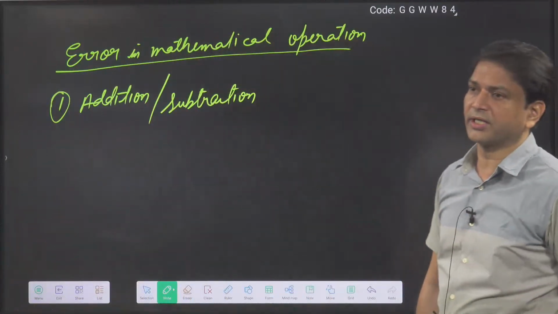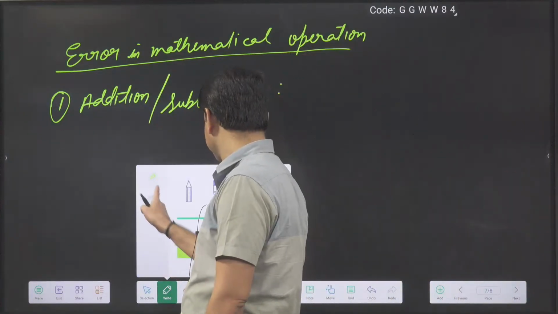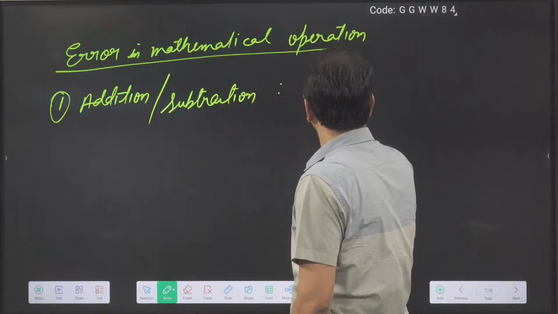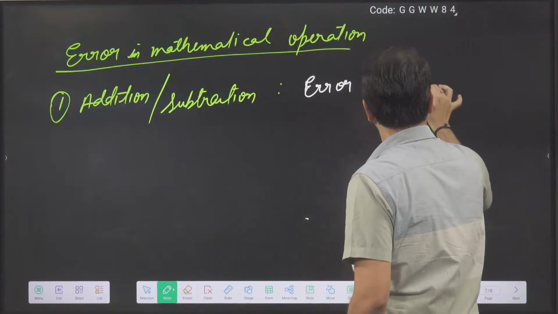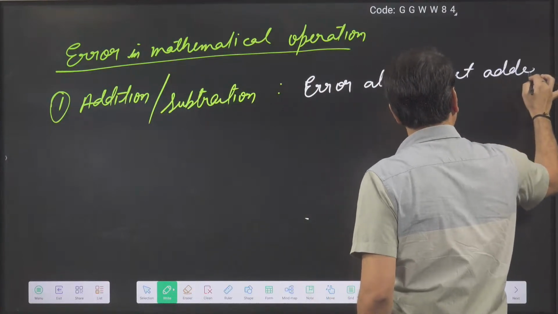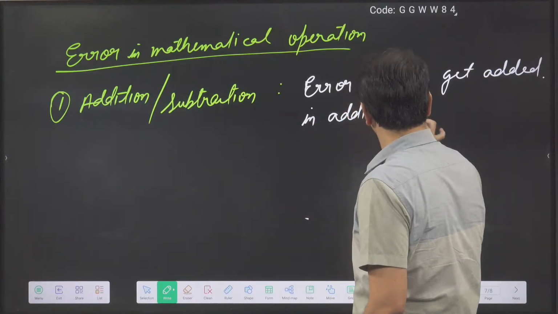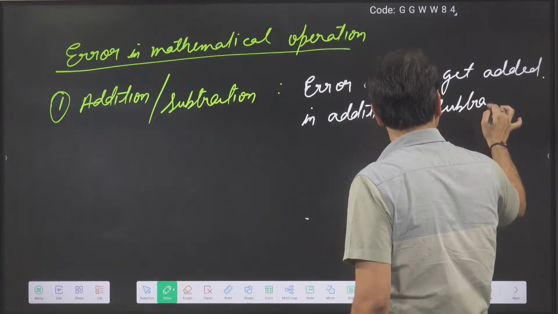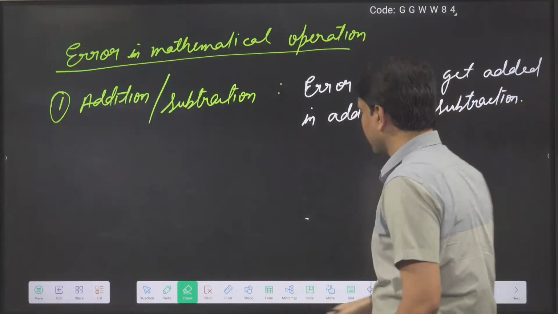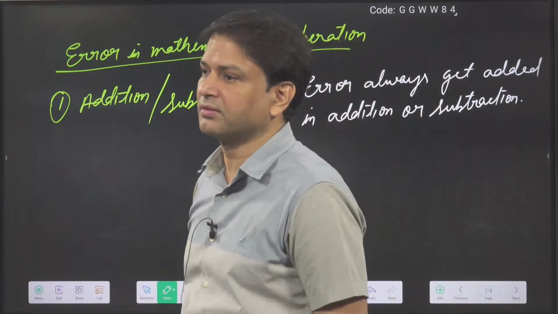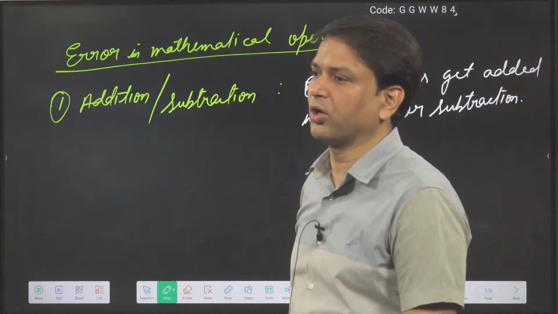So whether we are adding or subtracting quantities, we will always add the error. So in addition or subtraction, error is always added. Okay, everybody got?